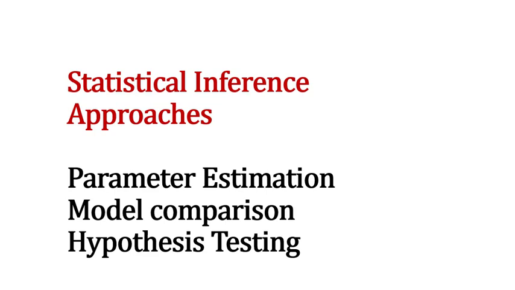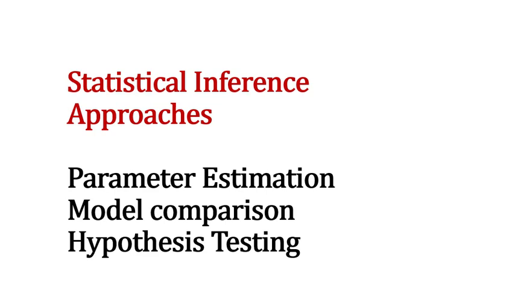Parameter estimation is what I'm going to talk about in this video, but parameter estimation is one of many inferential approaches in statistics. So inferential approaches are approaches in which we make an inference about something else.